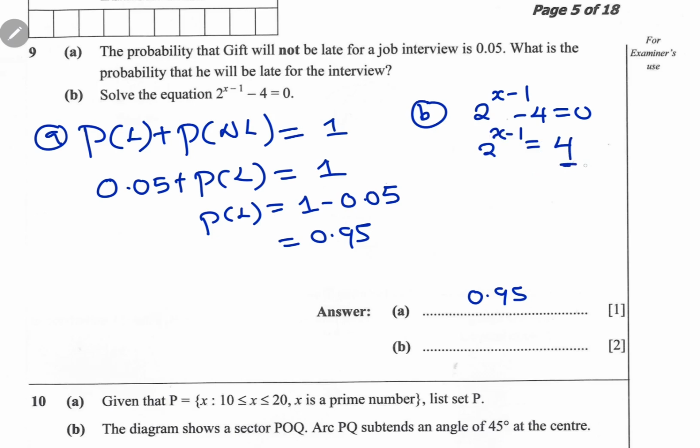Express this 4 to base 2. So you're going to have 2^(x minus 1) is equals to 2 to the power 2. So the bases are the same, which means the powers are the same. So x minus 1 is equals to 2. x is equals to 2 plus 1. Therefore, x is equals to 3.